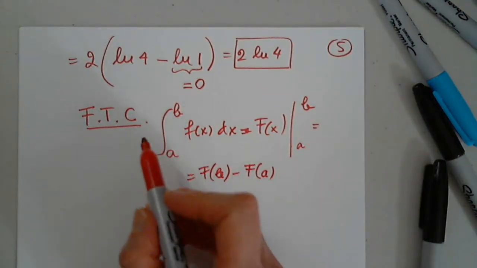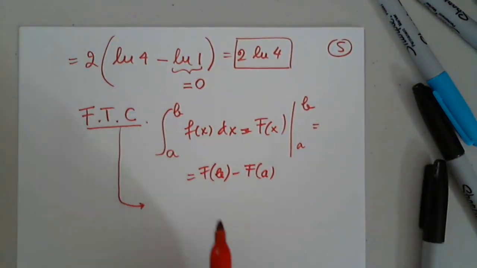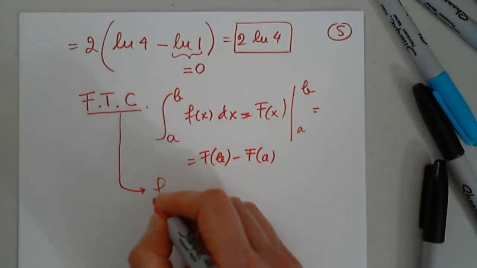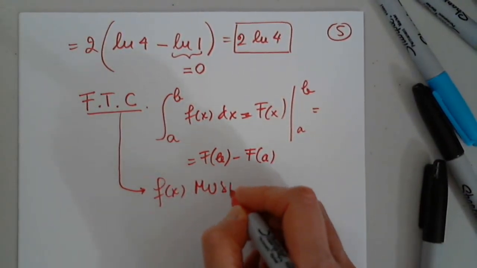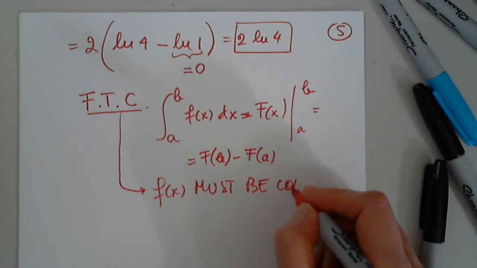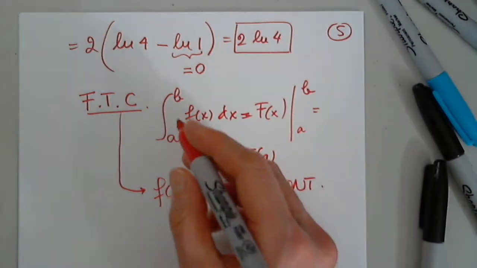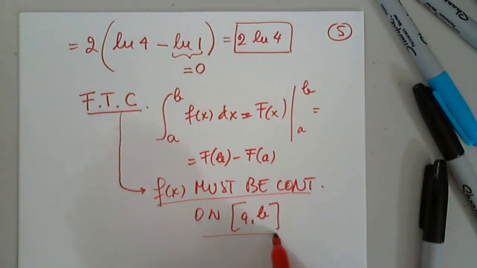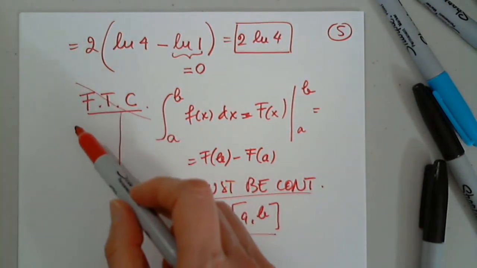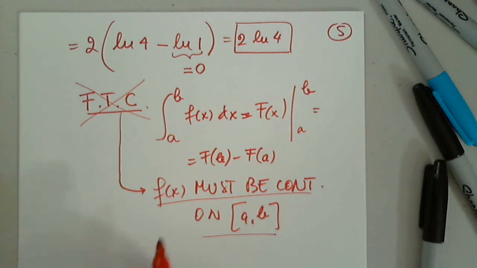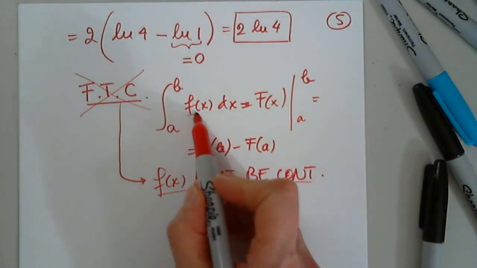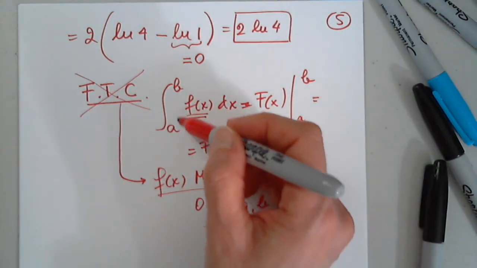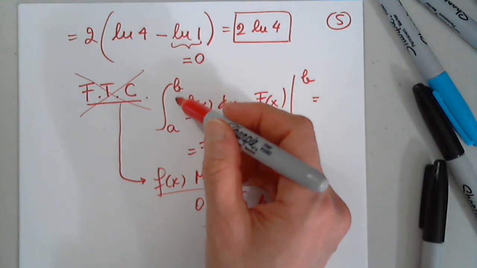It's because I want to add here one very important item. F of x must be continuous on the interval a, b. If it's not continuous, the fundamental theorem of calculus does not apply. We cannot calculate this. So it is absolutely mandatory that this function is continuous on the interval a, b.